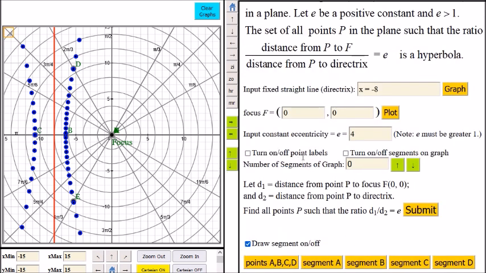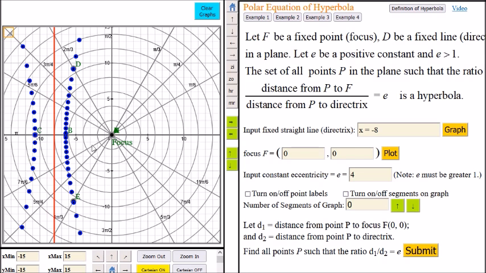And so, one more time to summarize this part, to generate the points for this hyperbola right here, first we need to pick an eccentricity greater than 1. In this case, we pick 4. And then we also need to pick a fixed focus point. In this case, we chose the point 0, 0, which is at the pole.